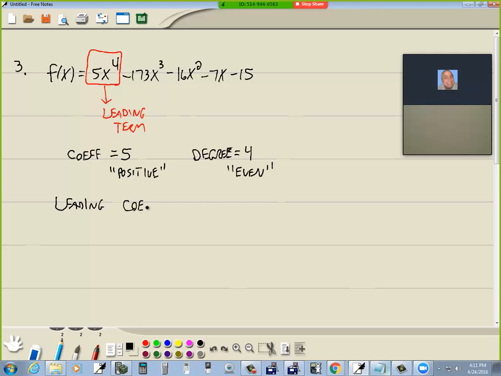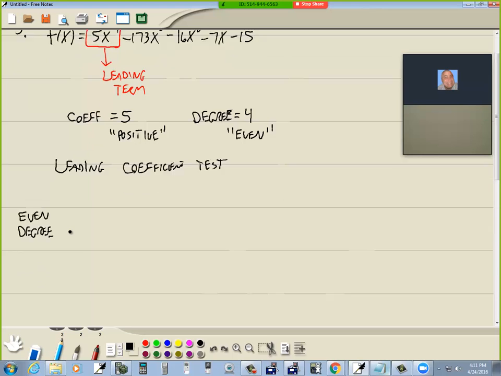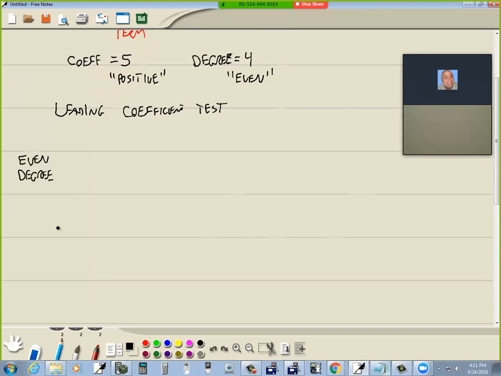Now we got something called the leading coefficient test. And you have two possibilities here. You got where you're going to have an even degree, and you'll have where you have an odd degree.